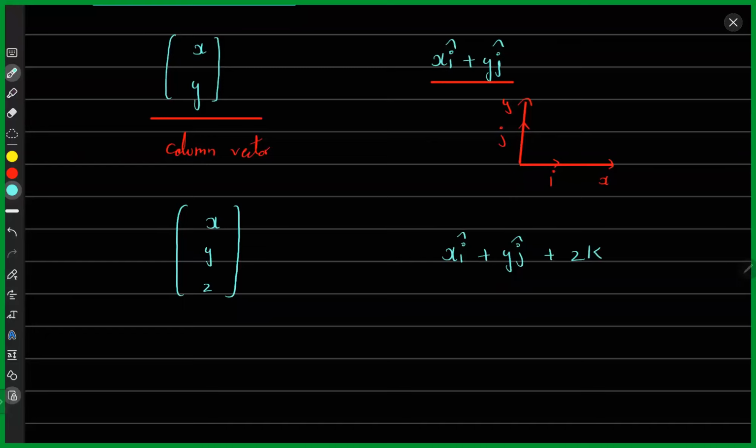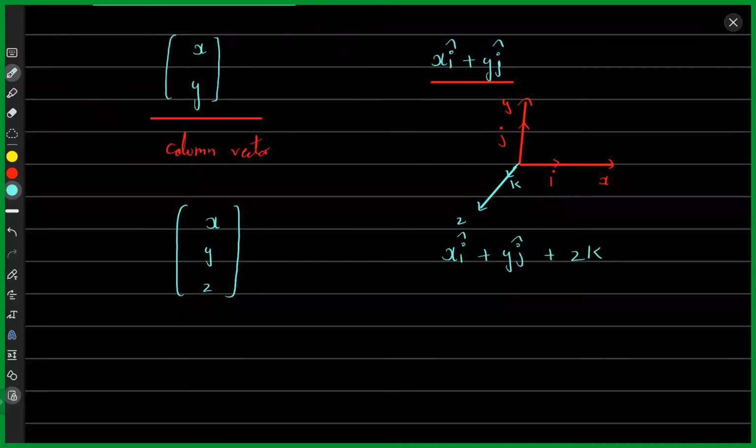Okay, and then I would just add the third axis. This is going to be z, and it's going to be in the k direction. So this is how we represent three-dimensional vectors or two-dimensional vectors, and this is all about the notation.